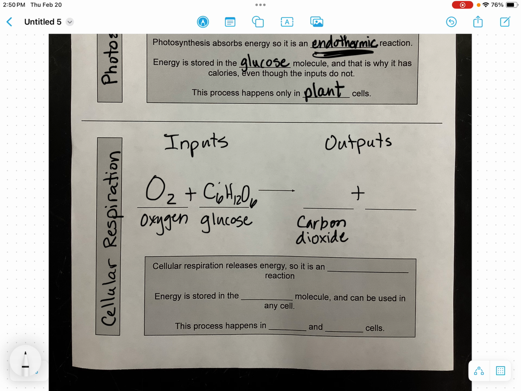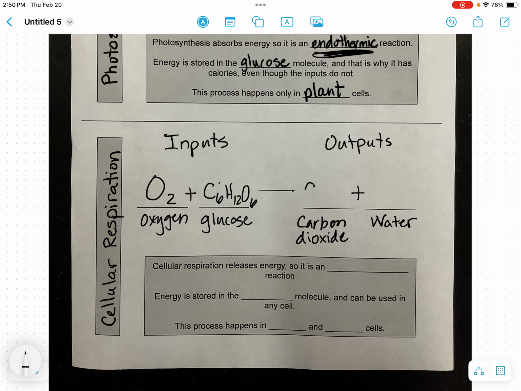And believe it or not, we actually also are going to exhale water. We're going to add water over here to our outputs. How do we know that we exhale water? Well, if you've ever been in the cold before and breathed out and seen that it kind of makes something like a cloud, that cloud that you see when you breathe out is actually water.